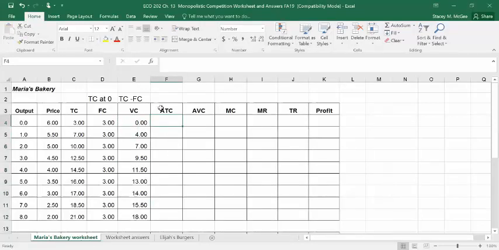Then we know average total cost is total cost divided by the quantity. So we can take total cost divided by the output, which of course doesn't work when you divide by 0. But if we copy that down, it works for the rest of them. So I'll just forget that one.